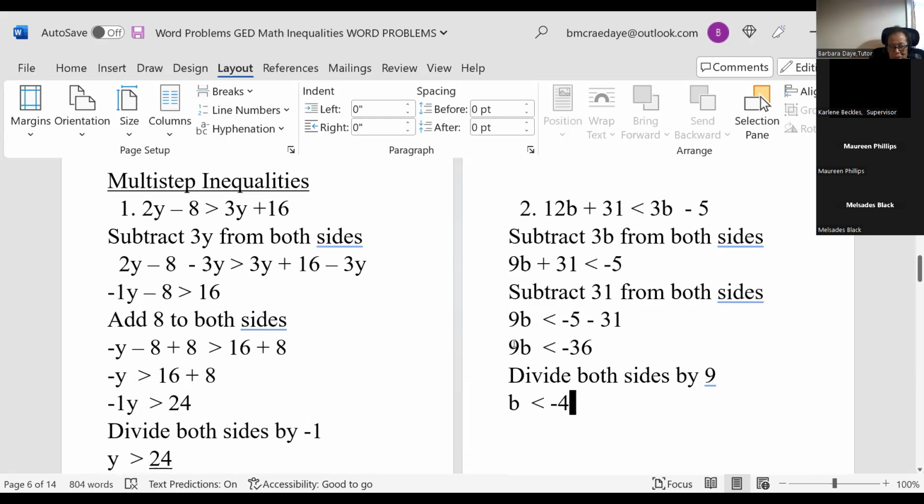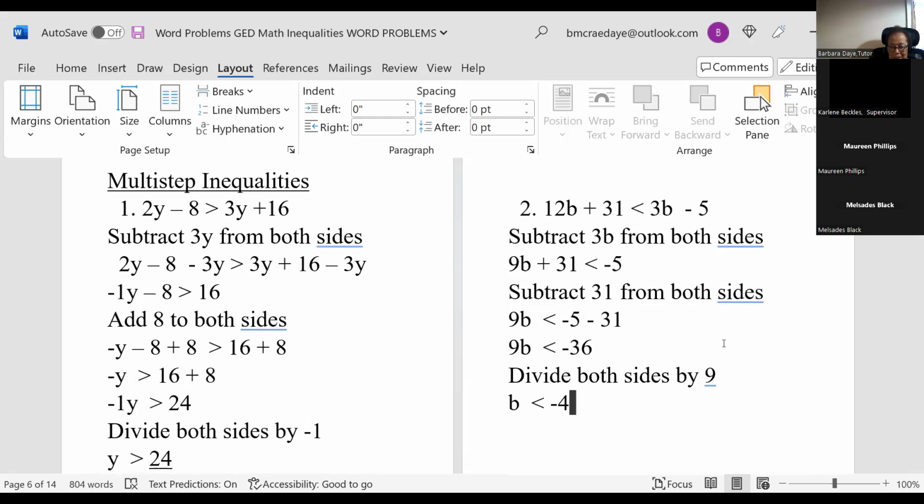You have a multiplication, 9b. So what's the opposite? Division. Divide both sides by 9. That just gives you b on the left. And a -36 divided by 9 gives you a -4 on the right. Because you have minus over plus gives you minus. Unlike signs divide to give you negative.